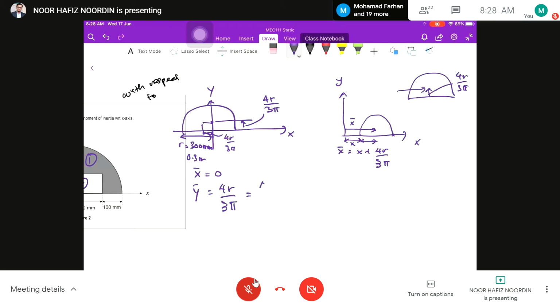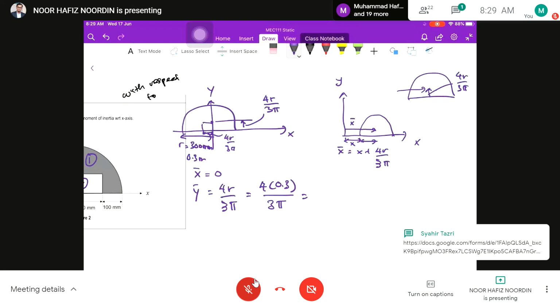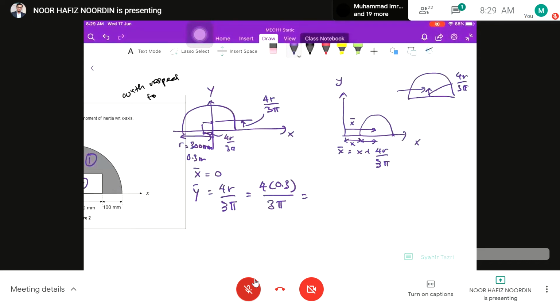So the radius is 0.3. So the value becomes 4 times 0.3 divided by 3 pi, which is 0.1273 meter. Okay, itu dia punya y bar. And then the next one we calculate the area of semicircle, which the formula is pi r squared divided by 2.